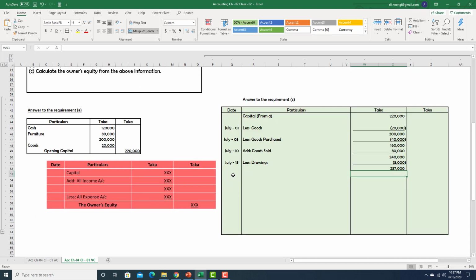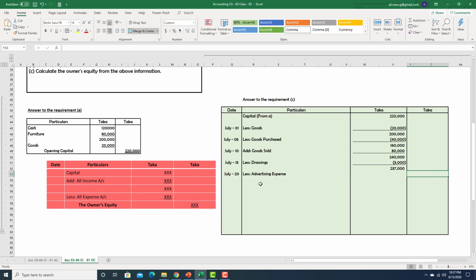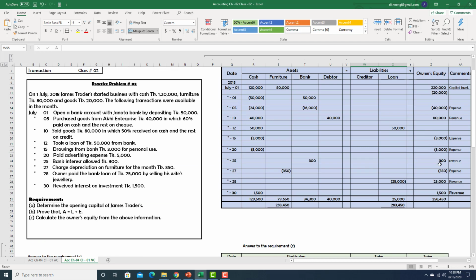So I can write July 20, less advertising expense, and this is minus 5,000. So the balance is 2,32,000.